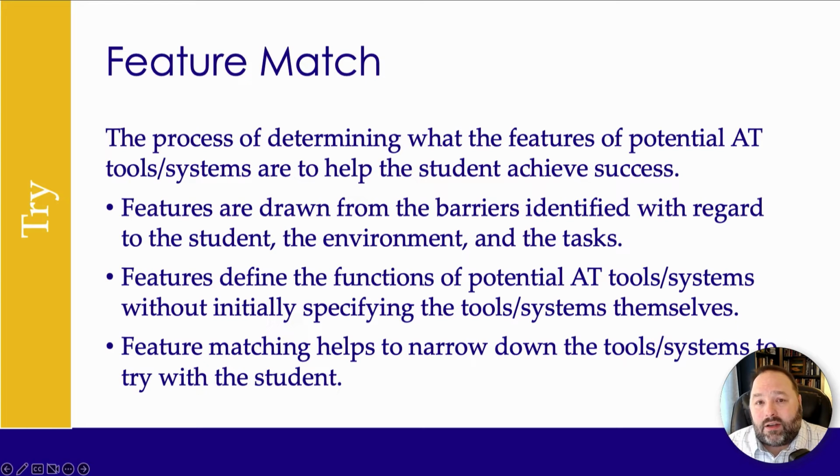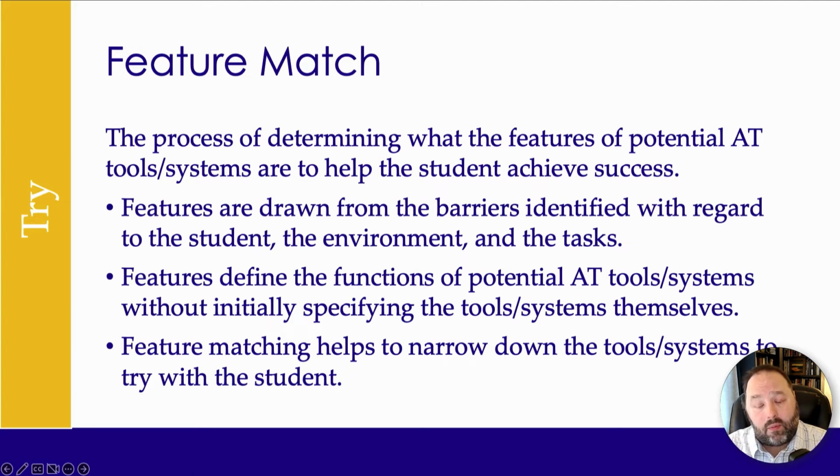In feature matching, we talk about a process that helps us determine and identify those features of potential AT tools or systems that can help a child be successful. Where do we get those features from? Well, in the first part of this, when we talked about gather and analyze, we got a good picture of the student. We've identified what the student needs to do and what the student can currently do.